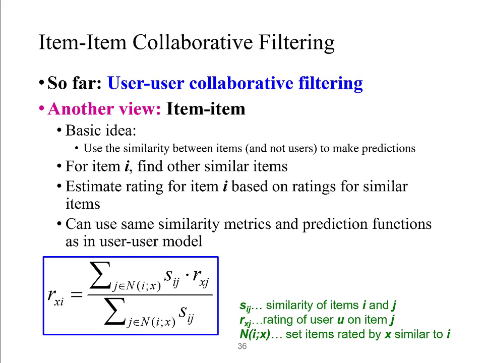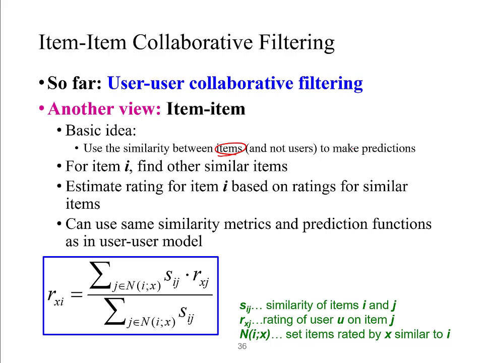So this is item-item collaborative filtering. The basic idea is that we use the similarity between items, instead of users, to make predictions. For item i, we find other similar items, and we will define this similarity function later.